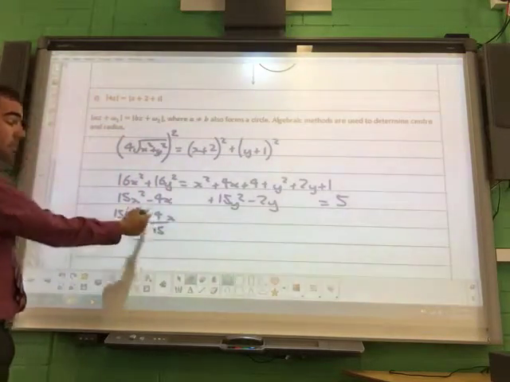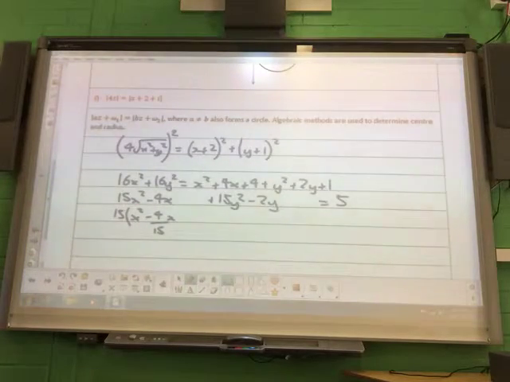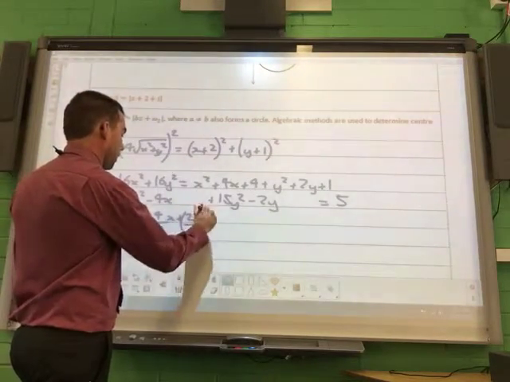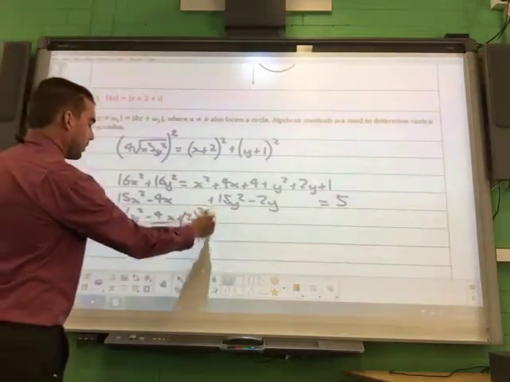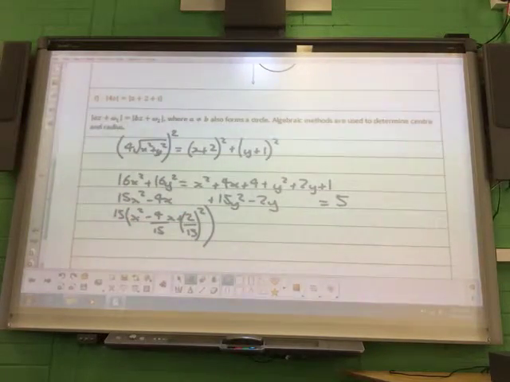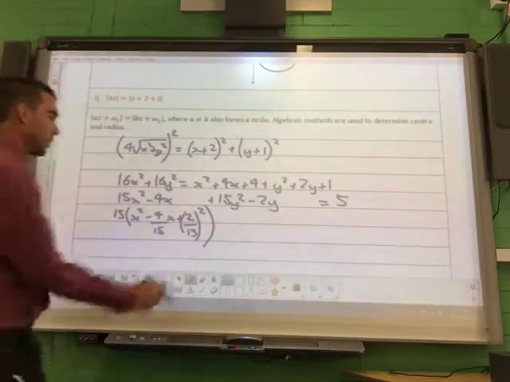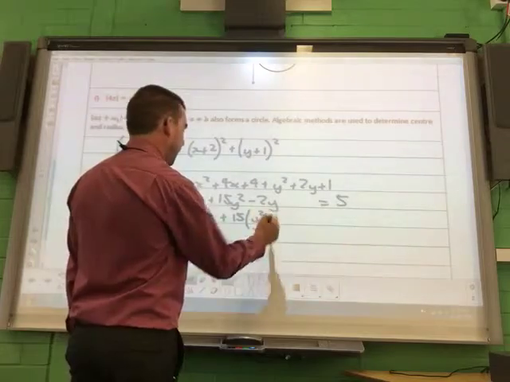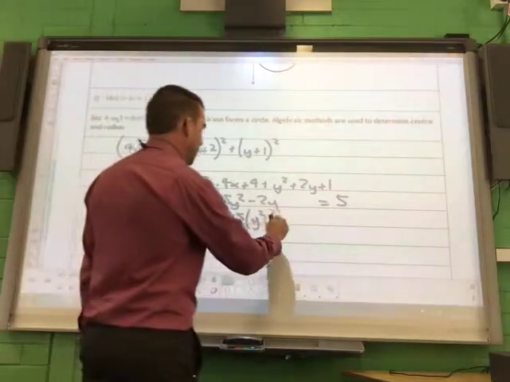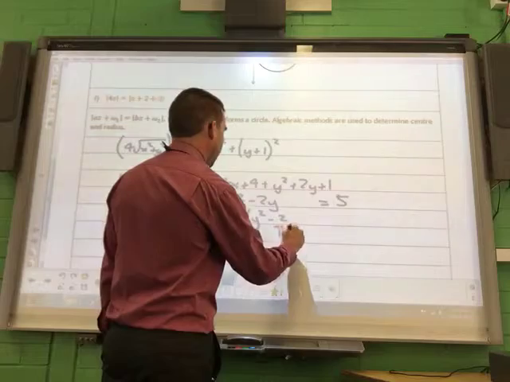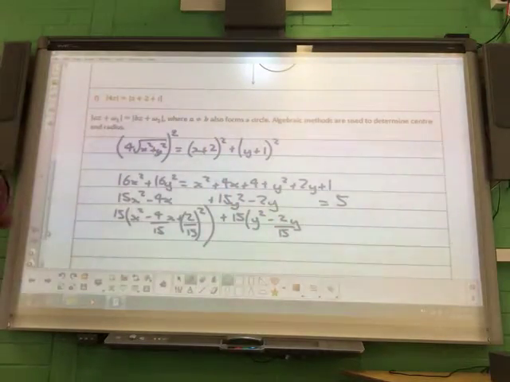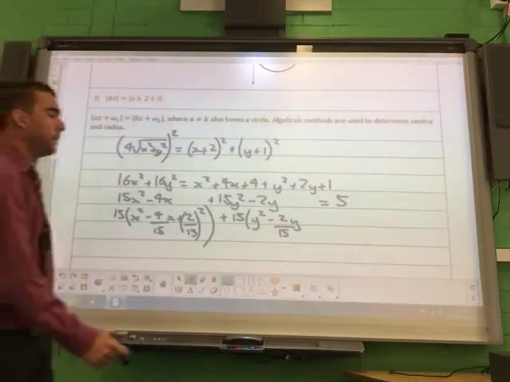Now to complete the square, I'll halve it and then square it. So it'll be 2 over 15 squared. Plus 15y squared, take away 2 on 15y. So halve 2 over 15, which becomes 1 over 15, and then square that.